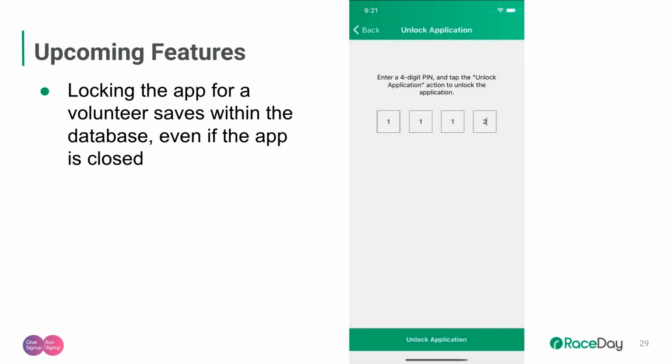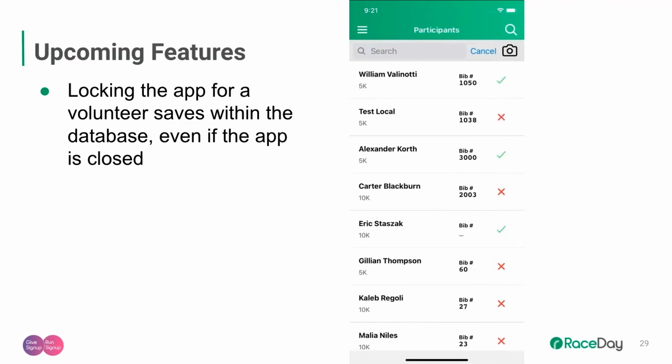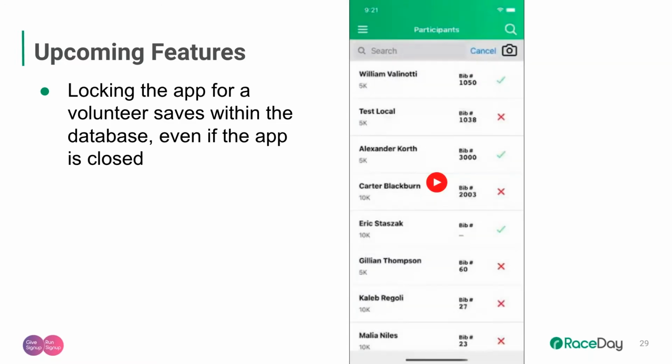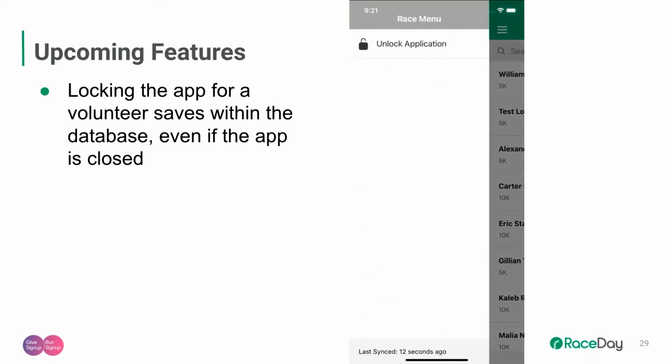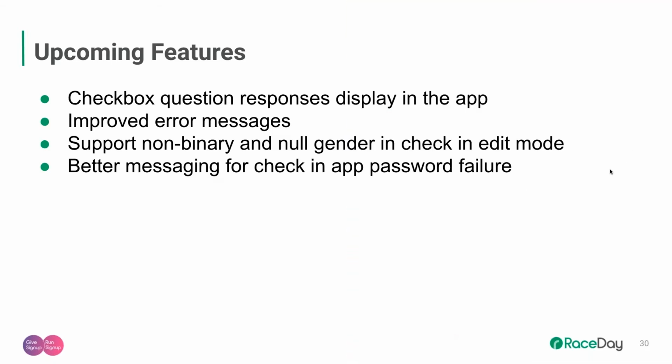So now they're going to put in the right PIN number, and when we go into settings, you can see all different settings available. So previously, if a volunteer closed out of the app and went back in, it would reset the locking mechanism so they could get back in and have full access to the settings. So now it's fully locked, which is fantastic. Oh, sorry, I decided to play again.